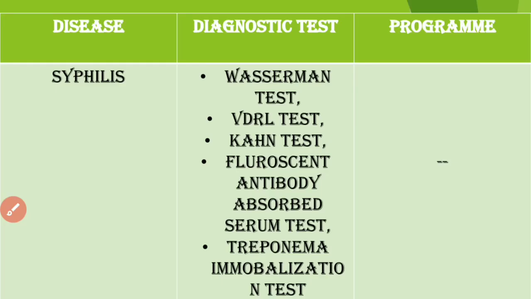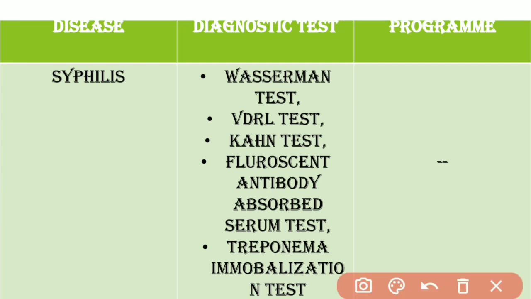Next one is syphilis, and the diagnostic tests of syphilis. Syphilis is a sexually transmitted disease, transmitted through sexual contact, and there are a number of tests performed for identification or cure of syphilis. First one is the Wassermann test.